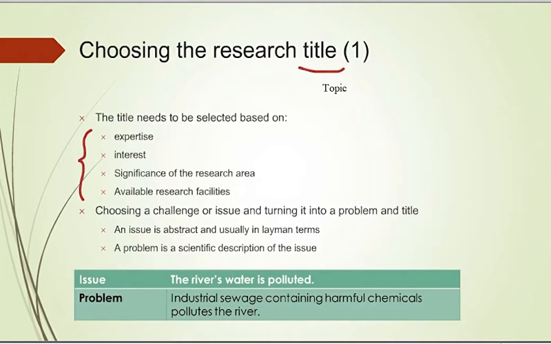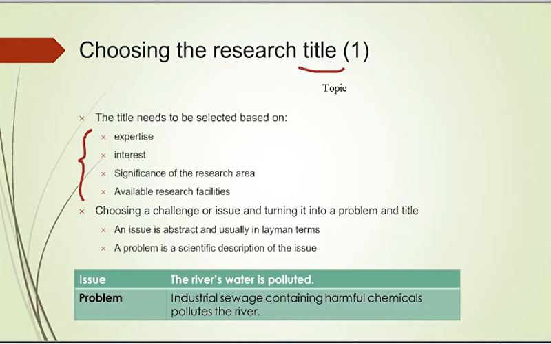So, for example, if you choose to work in the area of speech recognition, recognizing speech from text, you need to have signal processing and speech recognition expertise, or you need to be able to acquire that expertise, or your supervisor needs to have some sort of that expertise so that he or she can help you.